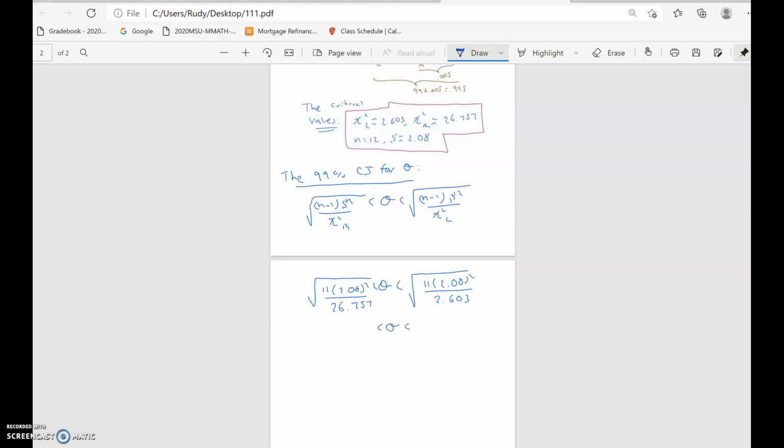So sigma is going to be bounded by the following values. Please evaluate those.